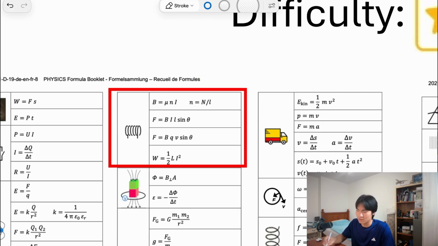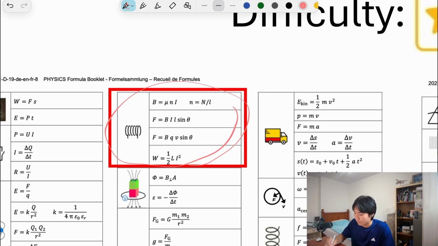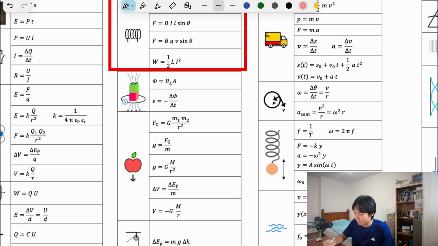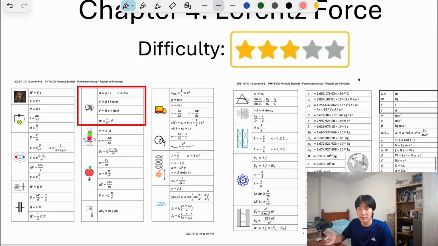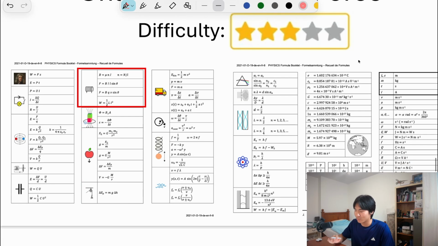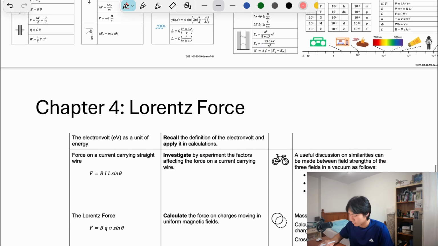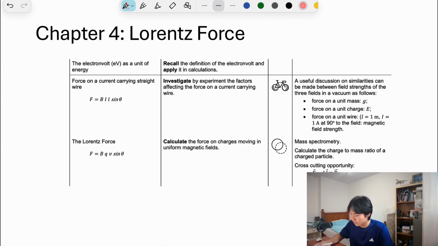But I split this into a different chapter because firstly, it's fairly non-intuitive, and also since the equation on the formula sheet is put in a separate box compared to the gravitational one, I think it's better to learn it separately after learning the gravitational field chapter. And if you want, you can pause here, have a look at it.